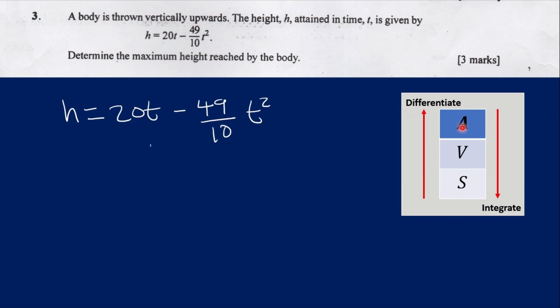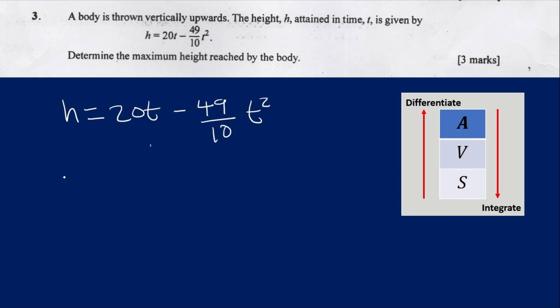And if you have acceleration and you integrate acceleration, you get velocity. And if you integrate velocity, you get distance. So coming down, you integrate. Now height is the same as distance, and we want velocity to be able to solve this question. So we are going to differentiate distance to get velocity.